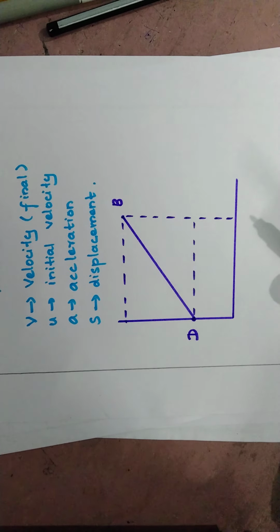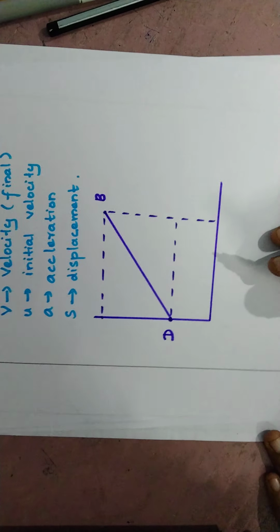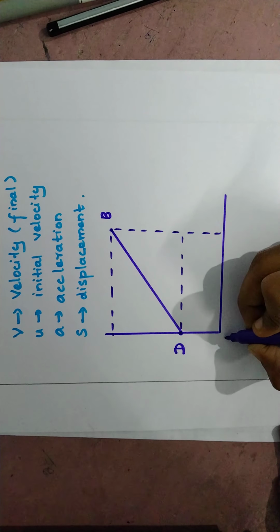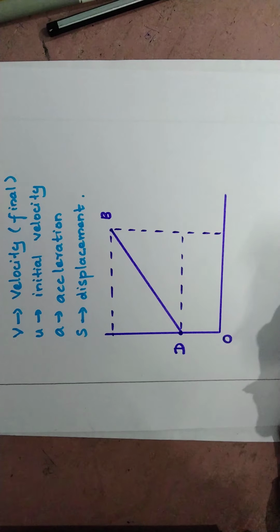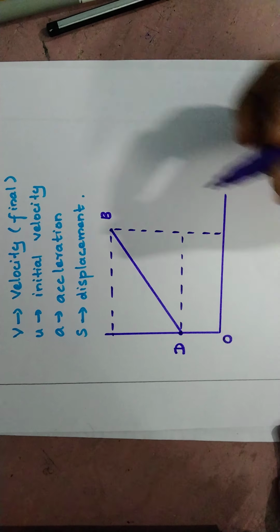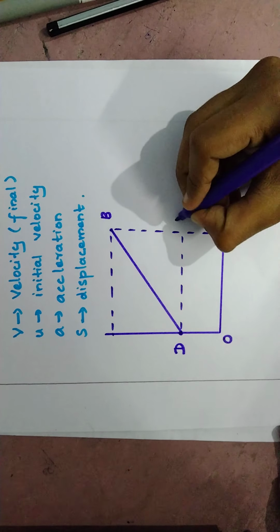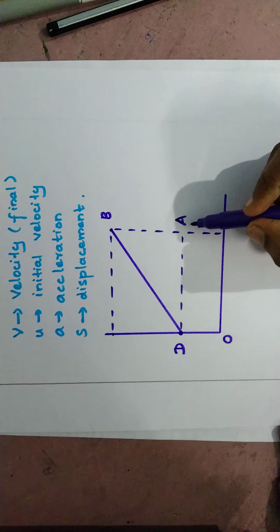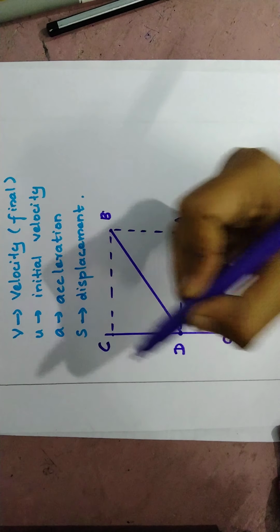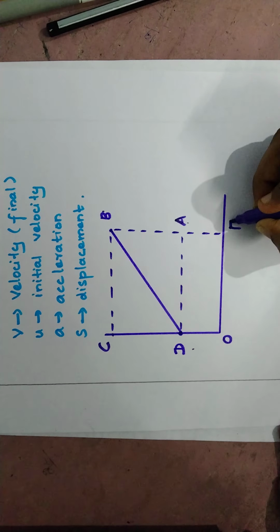Then we take this as O, this is B, this is A, and this place is E.